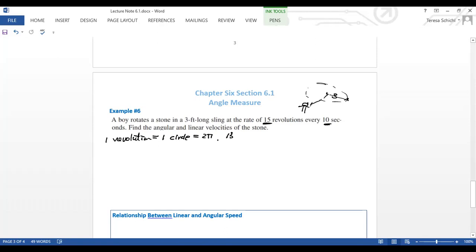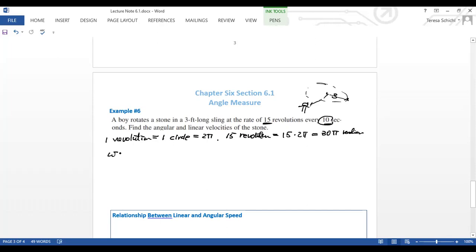Now I have 15 revolutions, that means 15 circles, so the total angle change is 15 times 2 pi, so it's 30 pi radians, over 10 seconds.